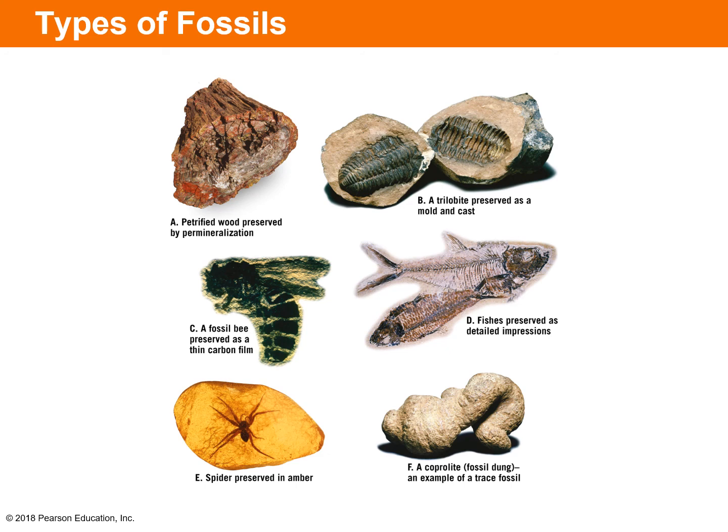So it was probably crawling on a tree, and then that tree leaked some sap and trapped the spider, and then the sap ultimately formed into amber. And then example F is the gross example of a fossil, which is a trace fossil in this case, and is coprolite or fossilized dung.